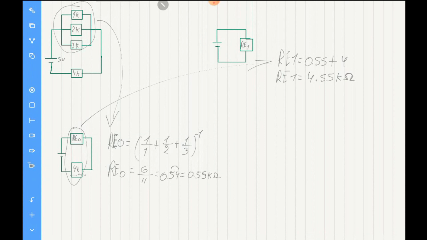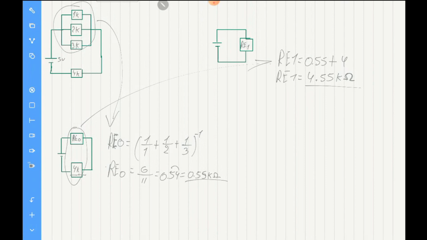Now we have the two equivalent resistances, 0.55 and 4.55. Now we can obtain the main current.